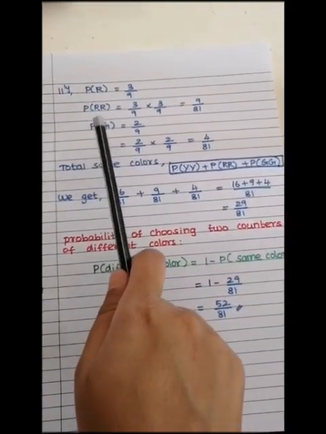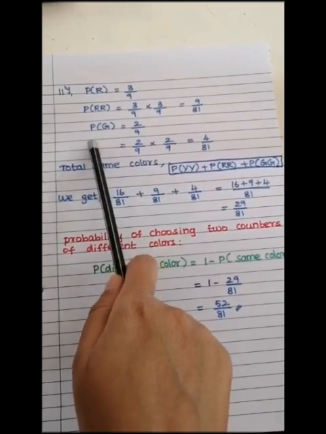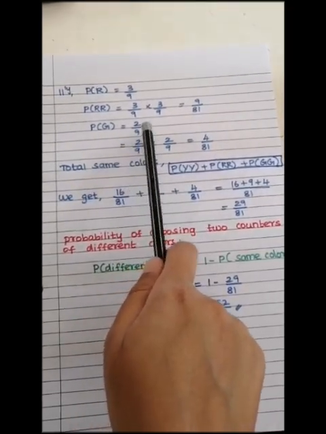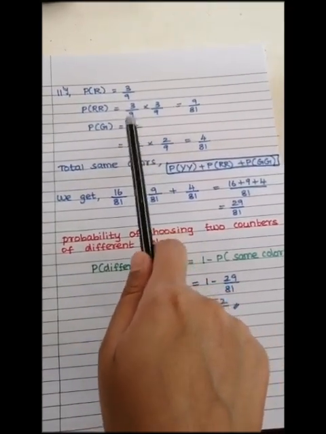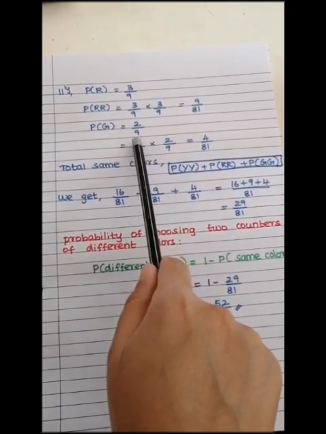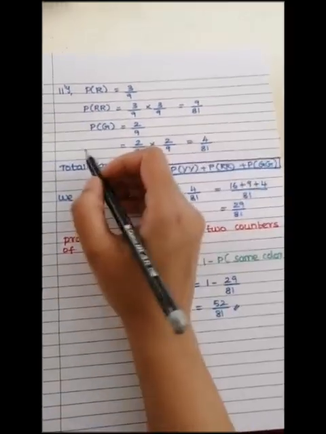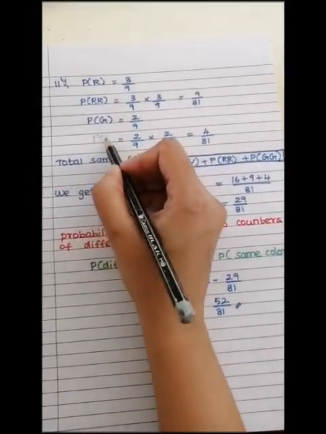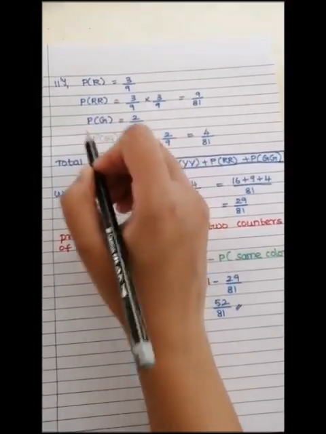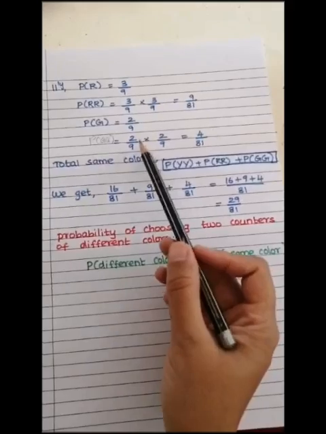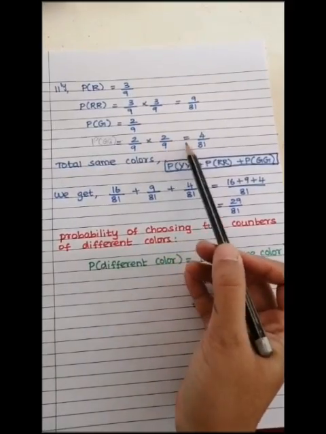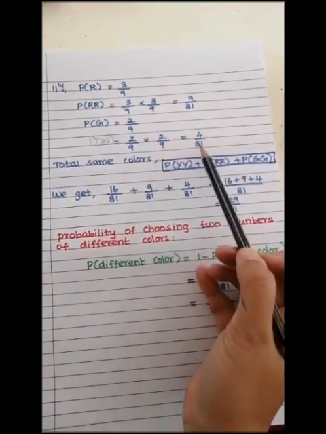Same as for green, the probability of green is total number of green, 2, divided by total number of outcomes, 9. So the probability of green twice is 2 divided by 9 times 2 divided by 9, which is 4 divided by 81.